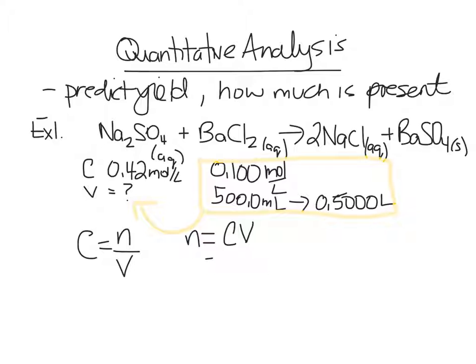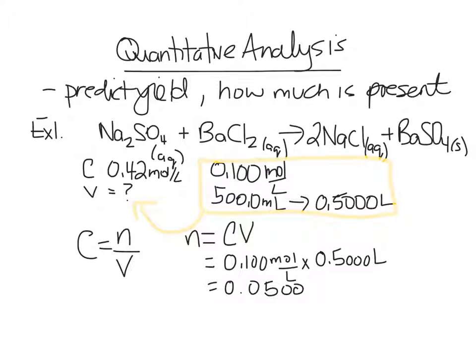So moles is equal to the concentration times the volume. So for barium chloride, we have 0.1 mole per liter times a half a liter. So this is 0.05 moles of barium chloride. We need to find volume of sodium sulfate. So we have to convert barium chloride to sodium sulfate.